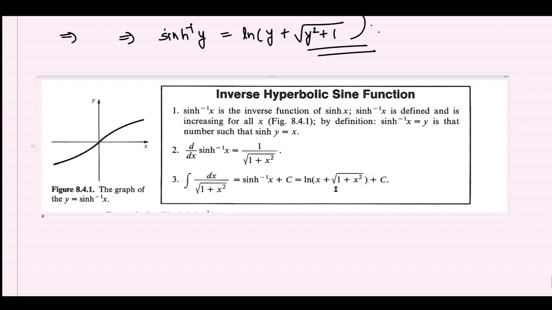And it is again equal to, as we have proved here, sinh inverse of x is natural logarithm of x plus root of x square plus 1, so it is ln of x plus root of x square plus 1 plus c. So, all these results can be obtained from here: the inverse hyperbolic sine function, its derivative, and also the integral of dx by root of 1 plus x square. Okay, so we will stop here. Thank you.